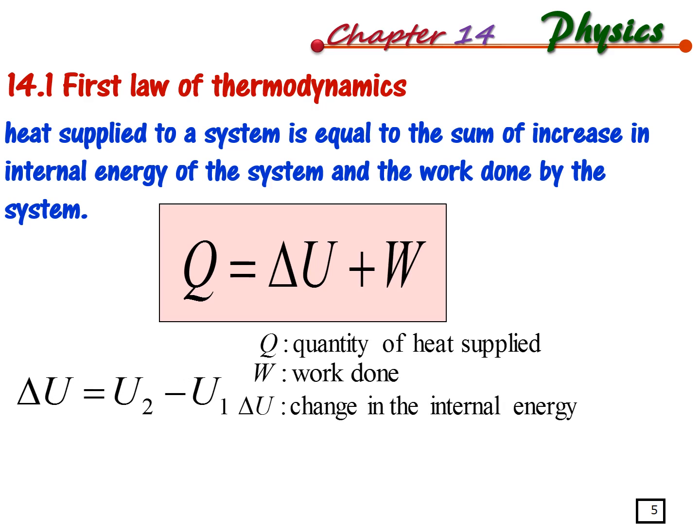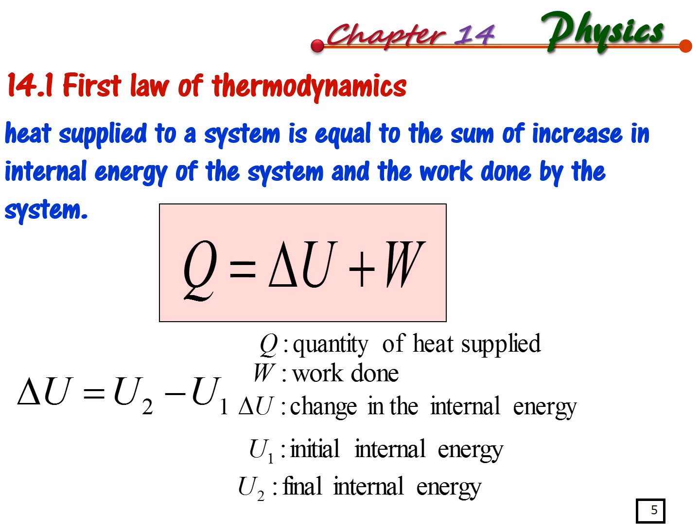You can calculate delta U by using the final internal energy minus the initial internal energy. For this internal energy, we refer to the internal energy formula of the gas, that is U equal to f over 2 nRT. So this topic has a close relation with the previous topic, that is the kinetic theory of gases. Since the unit of Q is joule, therefore the unit of delta U and W is also joule.